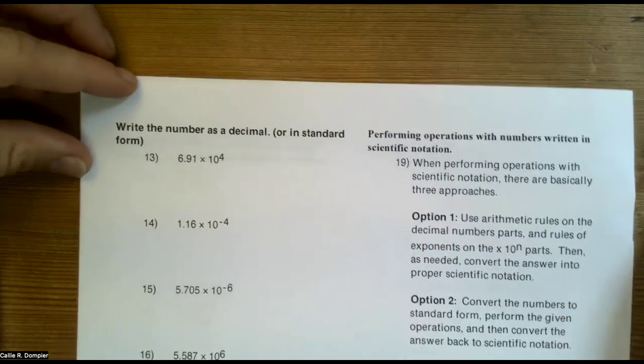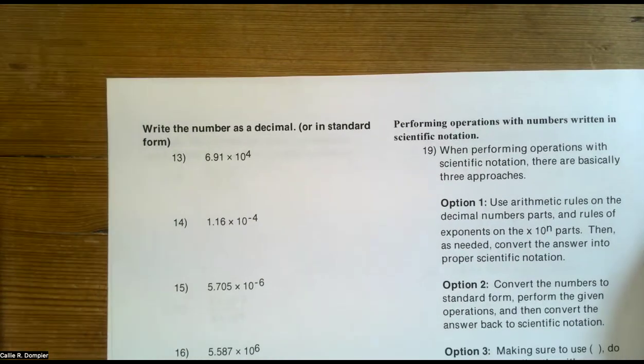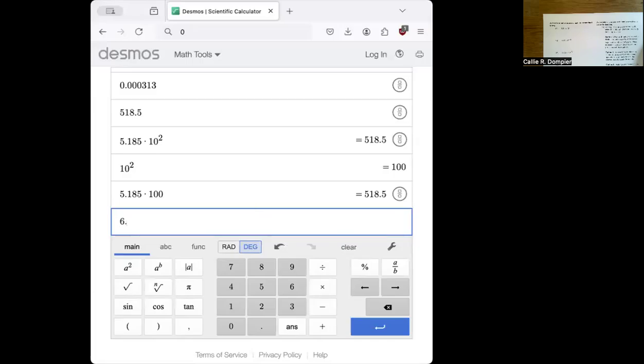Write the number as a decimal instead of as a number in scientific notation. Again, more than welcome to use your calculator, okay? So you can just take your calculator, put in 6.91 times 10 to the fourth, see what happens. If you're taking chemistry, this is really important. I know it seems tedious and like, what are we doing? But this will come up a lot in your chemistry class.